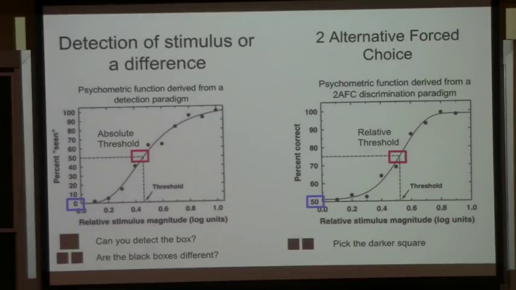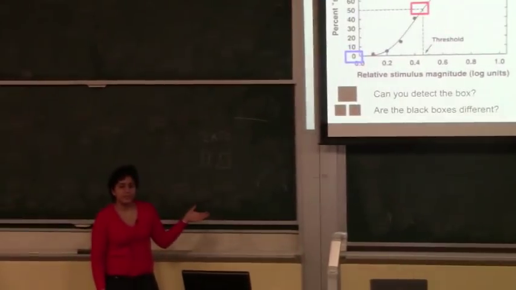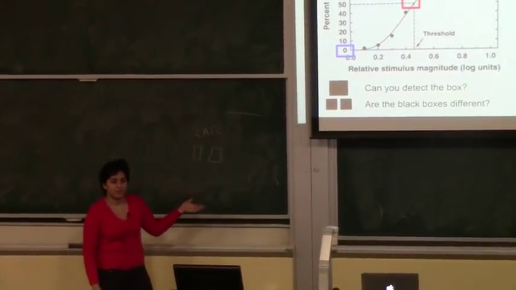Now the next type is the two alternative forced choice, which means I give you two boxes, and they look identical color-wise, but I ask you which one is the lighter one, and you have to choose between them, although you think that they're not different. So you see how that's different from the first type? The 2AFC, the alternative forced choice, makes you choose between them, even if you think that they're not different.